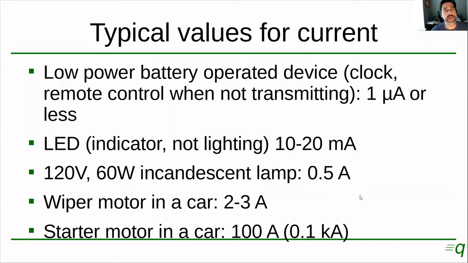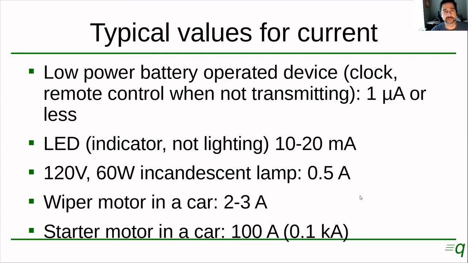In those cases, the current being taken by those devices is around 1 microamp or even less sometimes. If we have an LED indicator, like a little red or blue LED that indicates that the power is on, that's going to be taking around 10 to 20 milliamps.